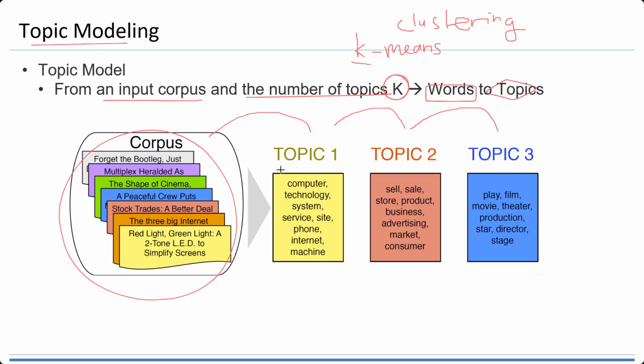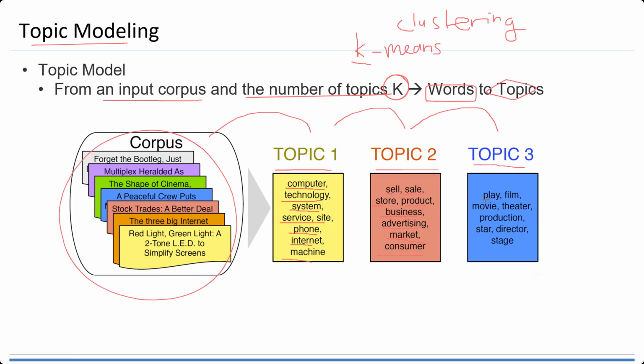For example, if you see this one, for topic one, the documents are related to computer, technology, system, service, site, phone, internet, machine, and so on. Topic number 2 is related to sales, store, product, business, advertising, market, and so on.